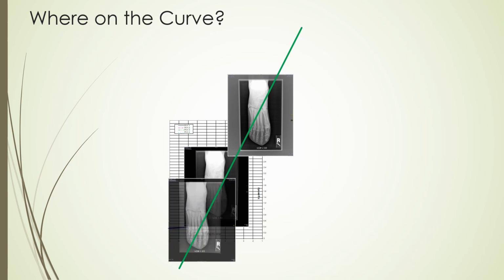The image to the left is very similar to the reference image, but there is not enough data to fully reconstruct it. To summarize, for the overexposed image, there is less quantum mottle. The problem being this is achieved with excess patient radiation dose.